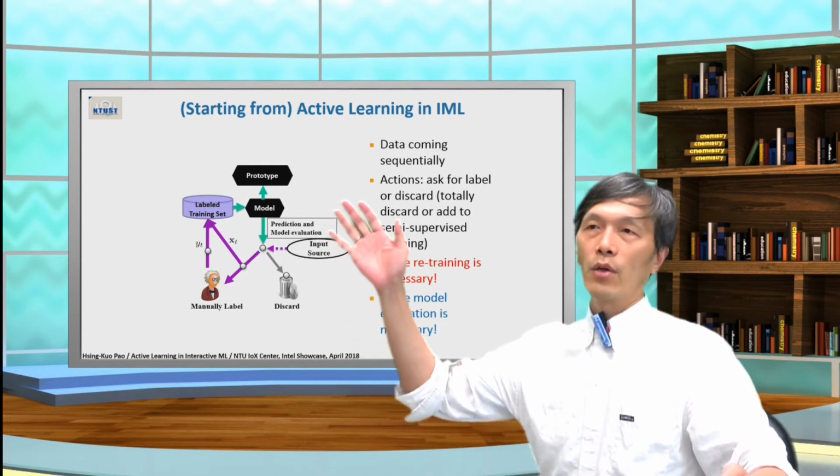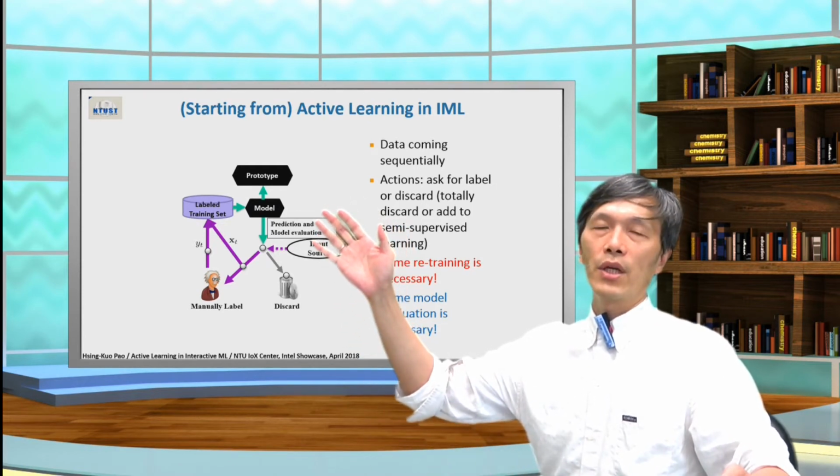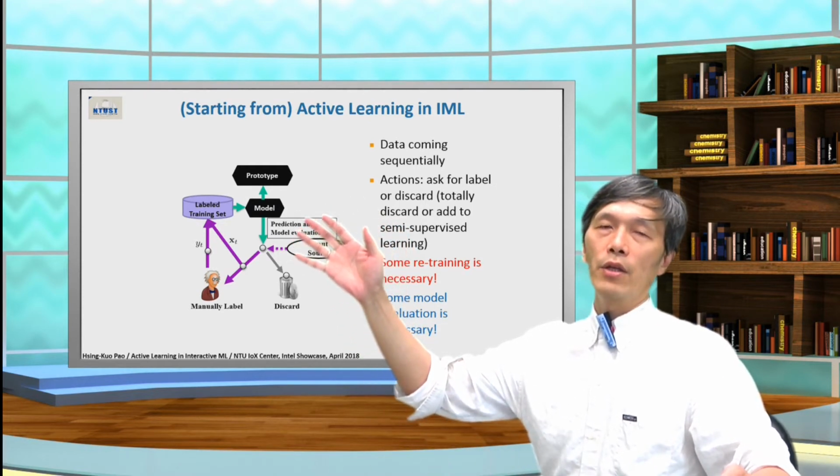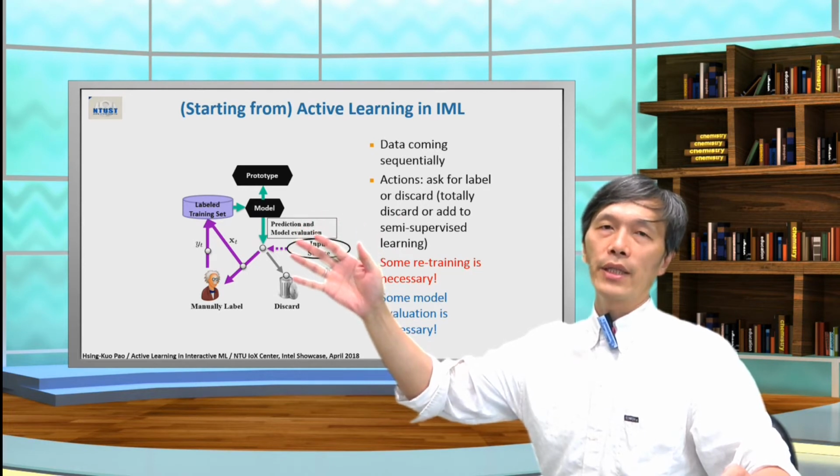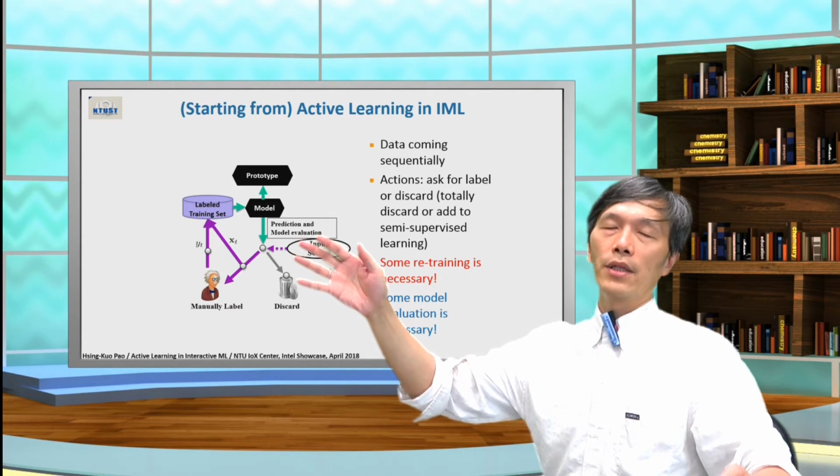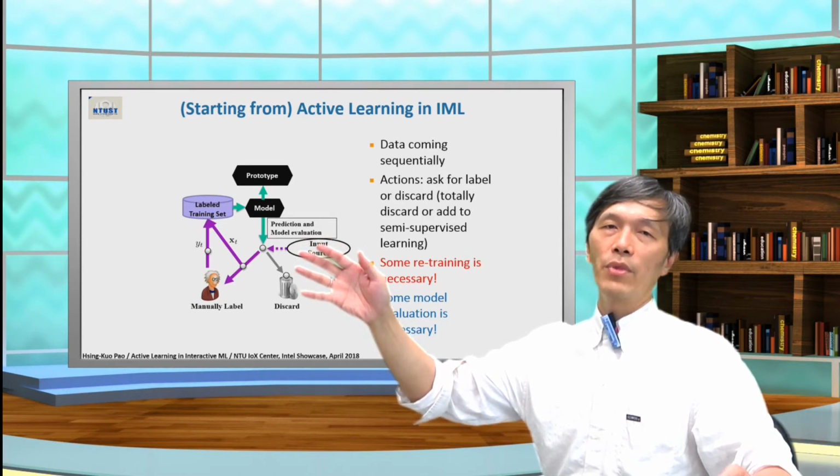Basically, we continue to have some input coming, and that input would be unlabeled data X. Unlabeled data comes to us, and then we can decide whether we want this X. Maybe we consider this X quite informative.